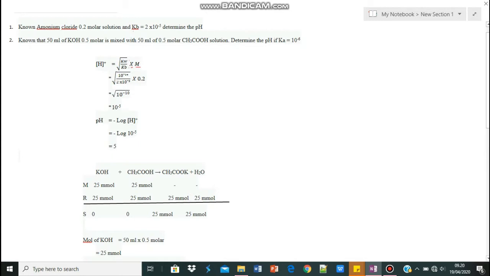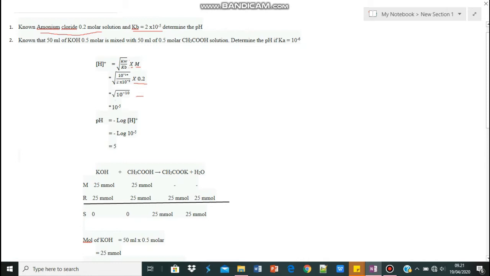Kb we use this, and then we must multiply by the molarity of salt. This is 0.2 molar, and then we get the root of 10 to the minus 10.